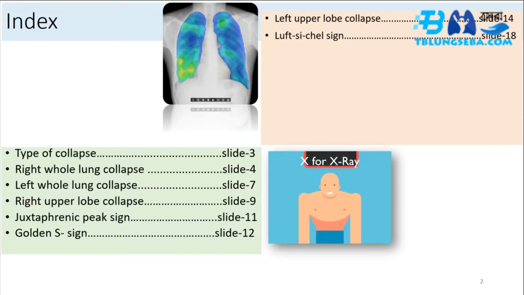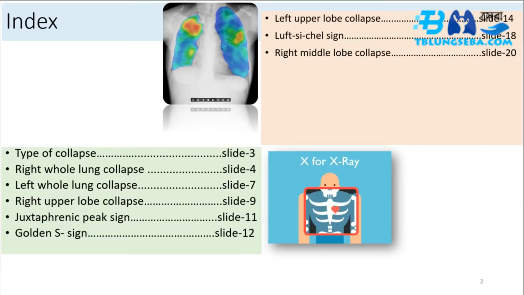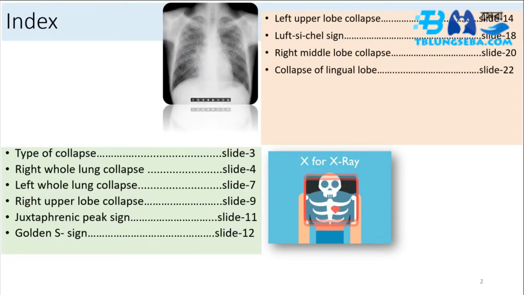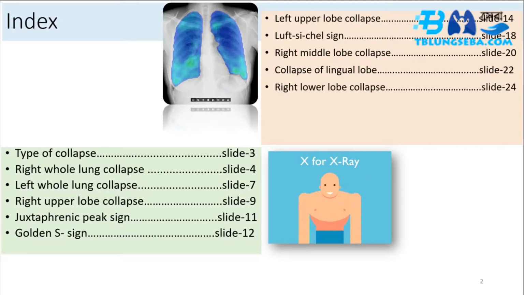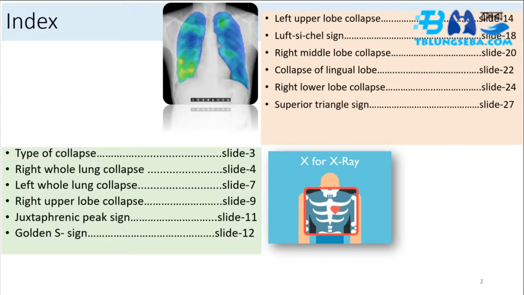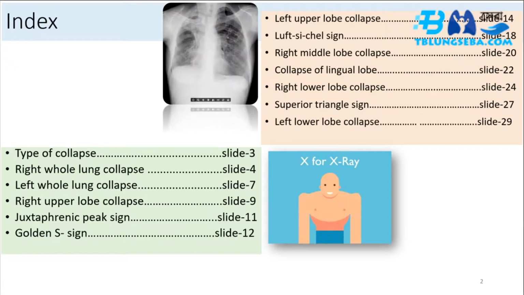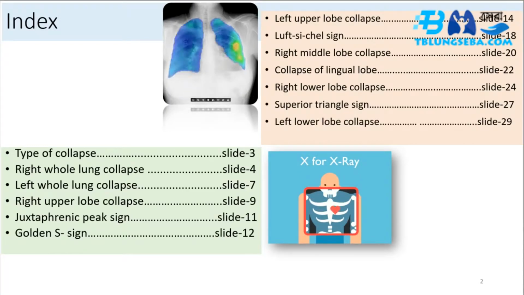Luftsichel sign, Slide 18. Right middle lobe collapse, Slide 20. Collapse of lingular lobe, Slide 22. Right lower lobe collapse, Slide 24. Superior triangle sign, Slide 27. Left lower lobe collapse, Slide 29.